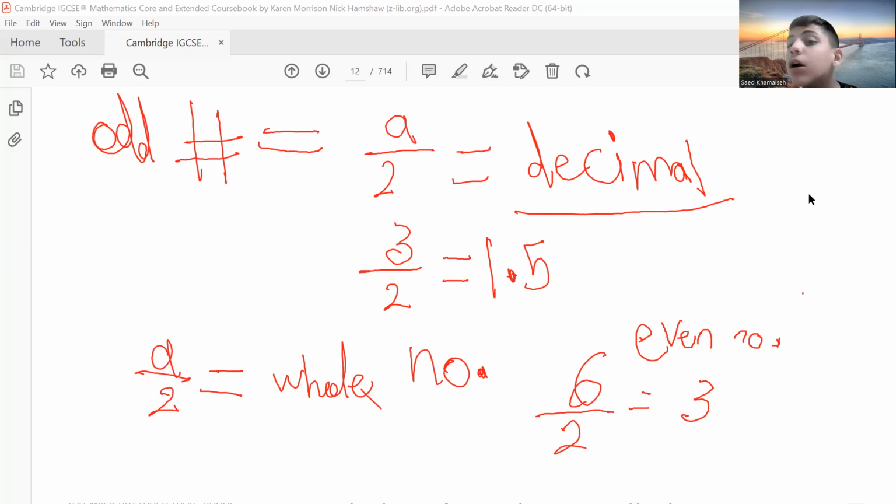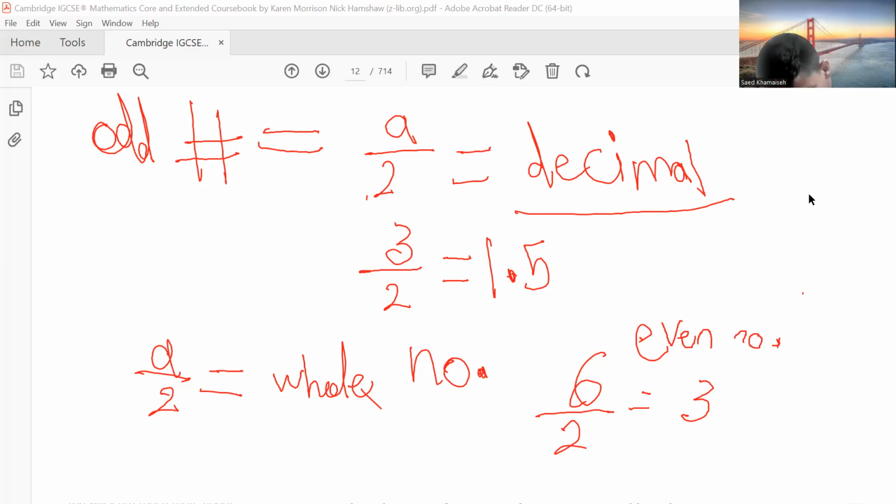What is the whole number or a natural number? A whole number is a number that is positive, starting from 0. But a natural number is one from 1 to infinity, okay?